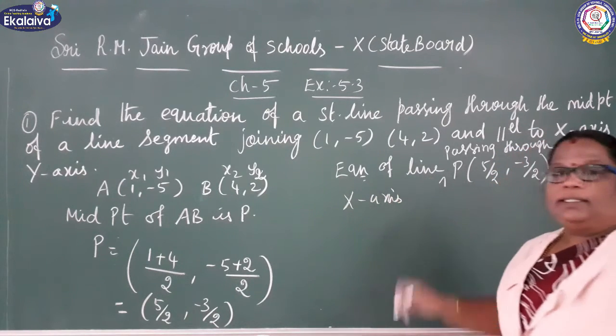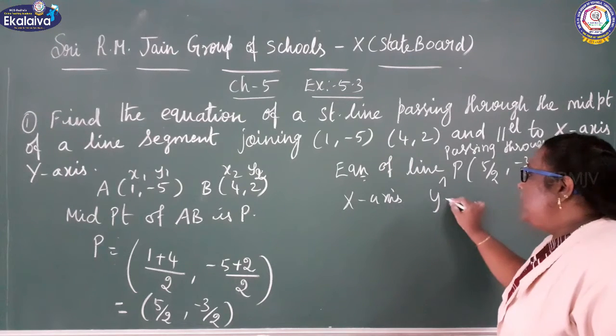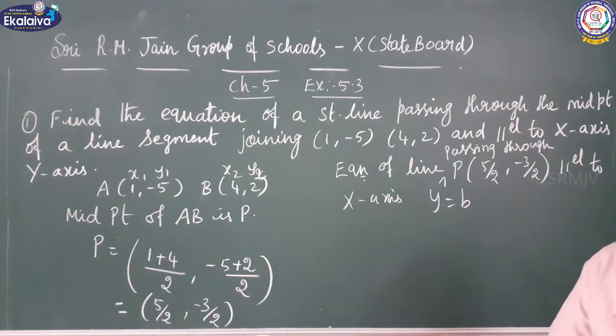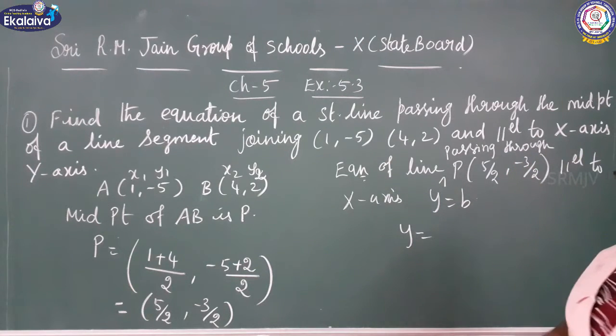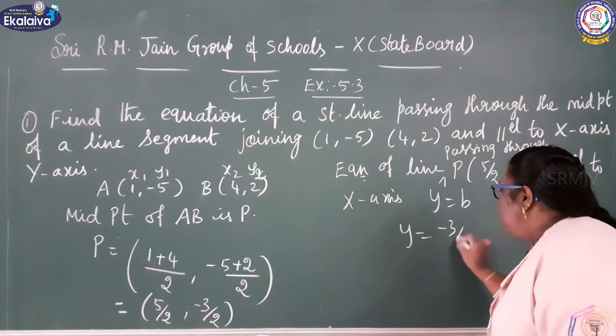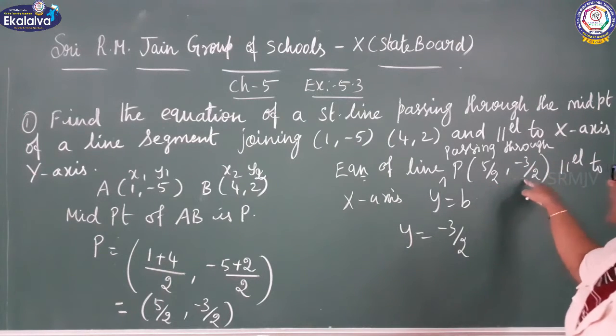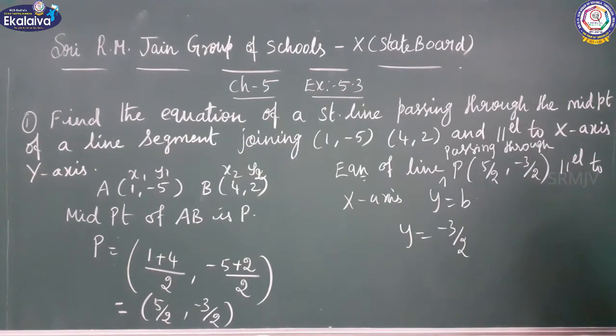What is the formula? Y equal to b. Whatever the constant term is, you write y equal to that. This point you can take as a comma b. So y equal to minus 3 by 2.